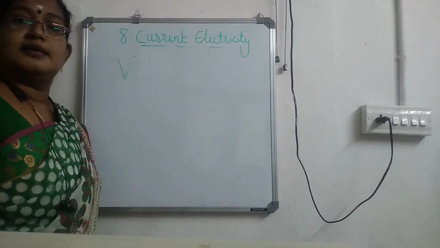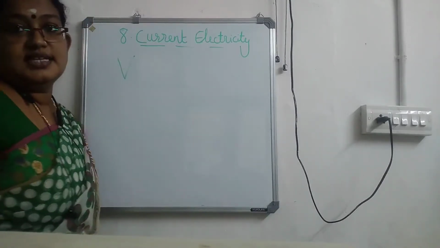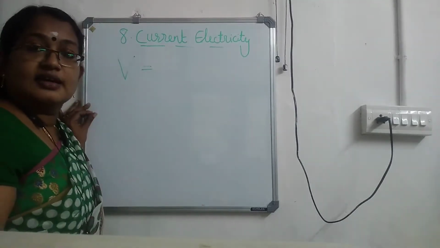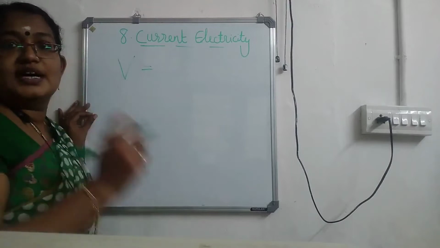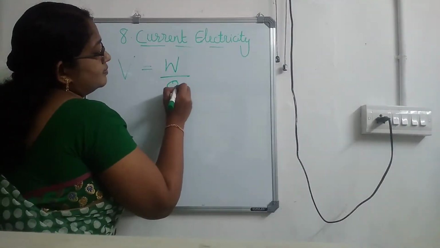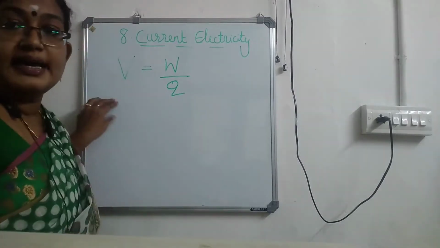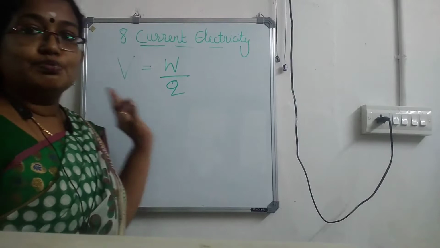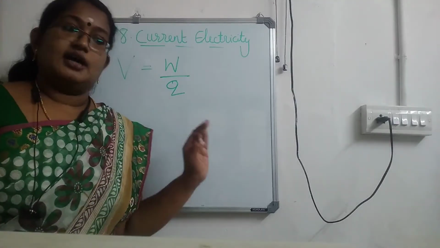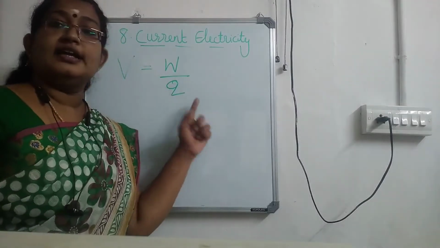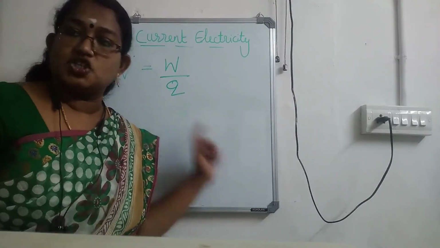It is represented by the letter V, isn't it? So what will be the equation to calculate potential? Work done to move a charge. So V equal to W by Q. So work done in order to move a positive test charge from infinity to a point is called electric potential at that point.